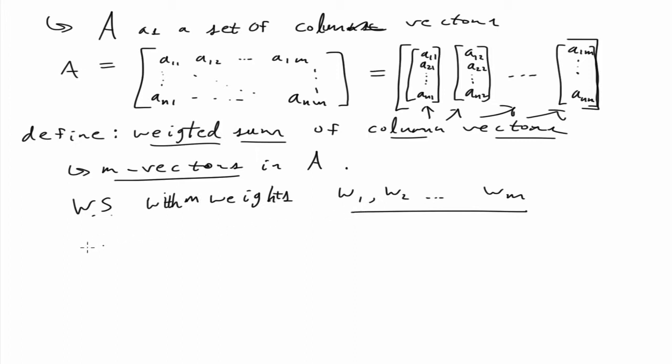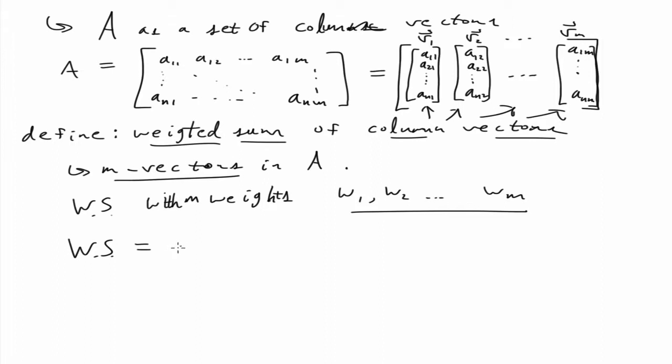So a weighted sum, Ws, is going to be built from these m vectors in A. I'm going to give these a name: I'll call this V1, that V2, and all the way to Vm. The little arrow just means it's a column vector.